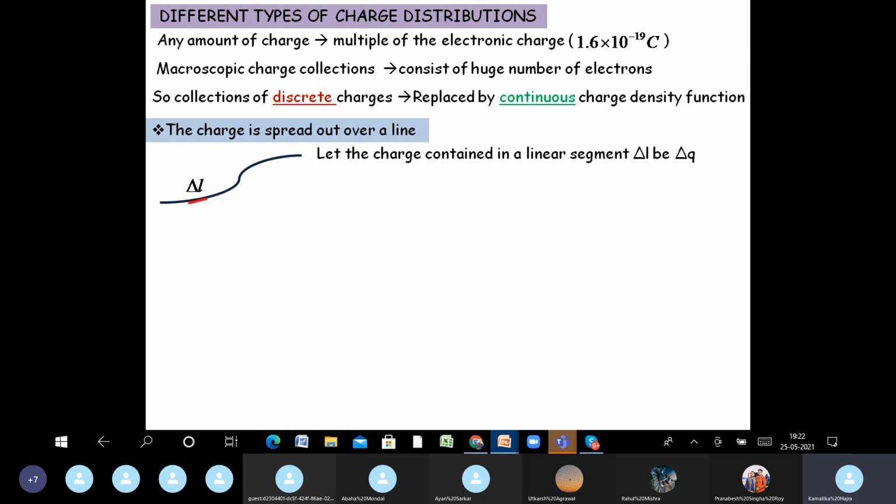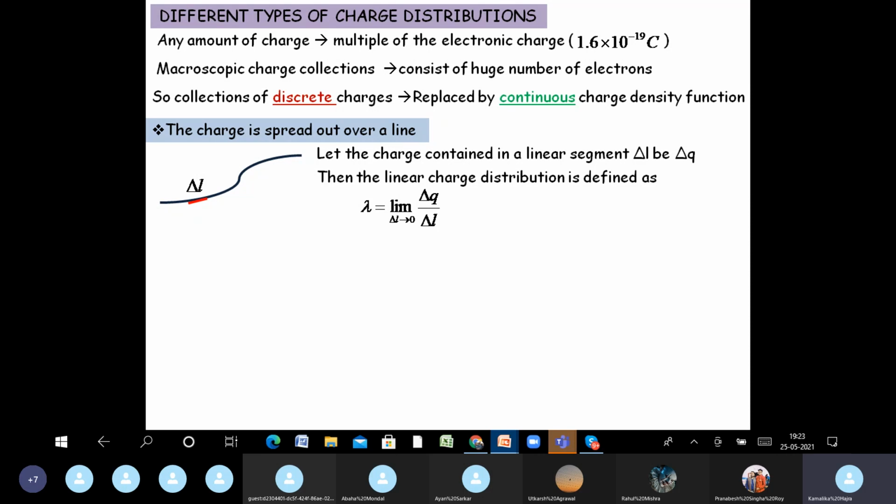So suppose this is a line segment delta L on this wire, which contains an amount of charge delta Q. Then the linear charge distribution lambda is defined as limit delta L tends to 0, that is when delta L is very small, delta Q by delta L. Okay.